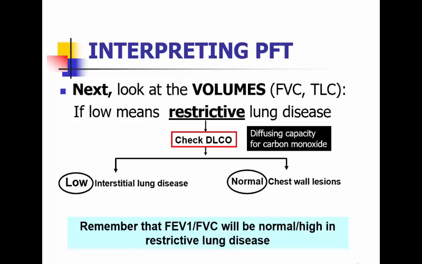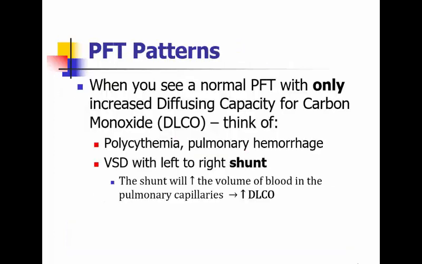Okay. In this situation with restrictive lung disease, the flow most probably is going to be either normal or even supernormal because of the lung condition, which is a restrictive kind of situation.